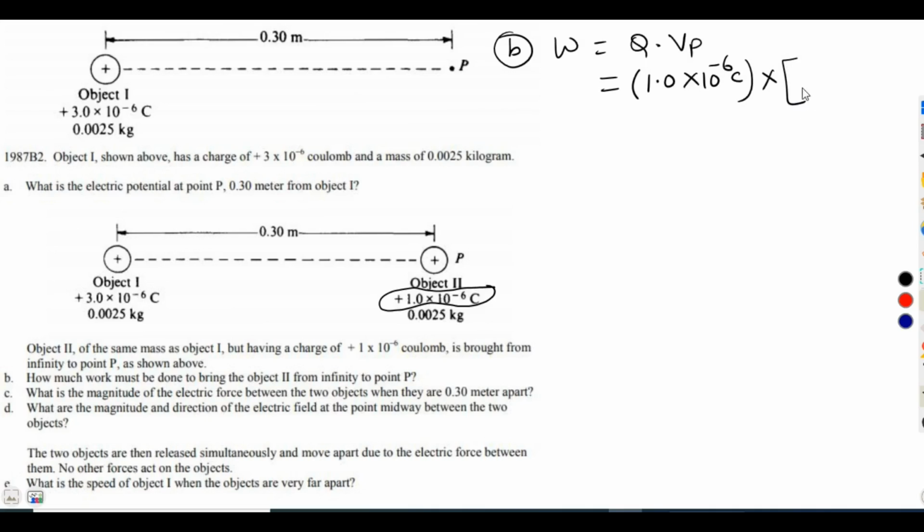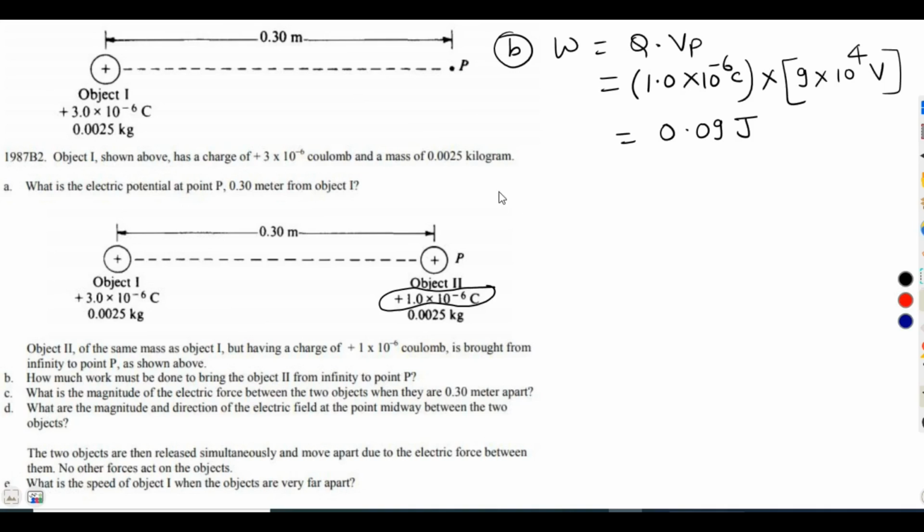This times the potential, 9 times 10 raised to power 4 volt. After calculating this, we get 0.09 joule. So this much work is done by the applied force. Whoever brings this object from infinity to this point has to do 0.09 joule of work on this object. So this completes our part B.